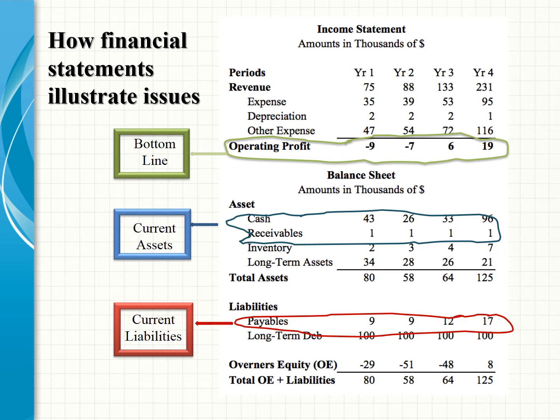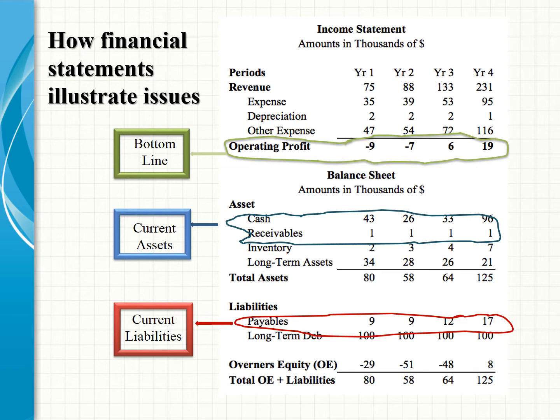In year 1, current assets totaled $44,000, $43,000 cash and $1,000 receivables, and liabilities totaled $9,000, which is the payables. If we subtract liabilities of $9,000 from the total current assets of $44,000, we have a balance of $35,000. This means the business is liquid because after paying off its payables, it still has $35,000 cash in the bank.